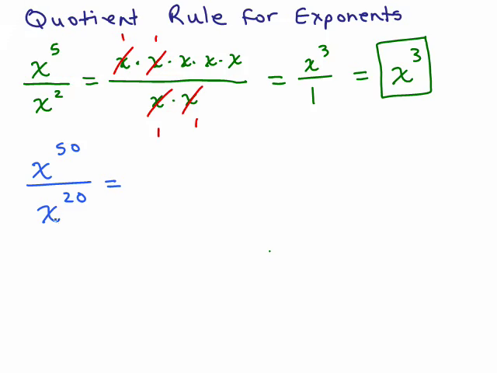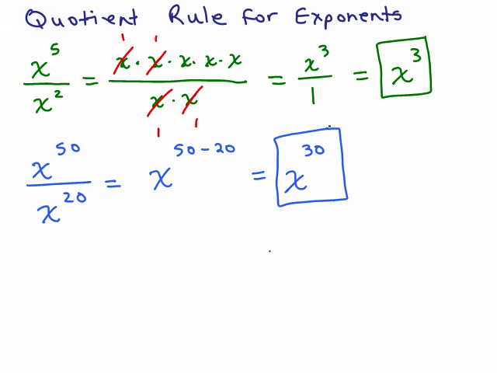We can get that by just writing the base. As long as it's the same base, you write the base once and subtract the exponents. 50 minus 20 is how many x's I would still have up on the top, which would be 30.